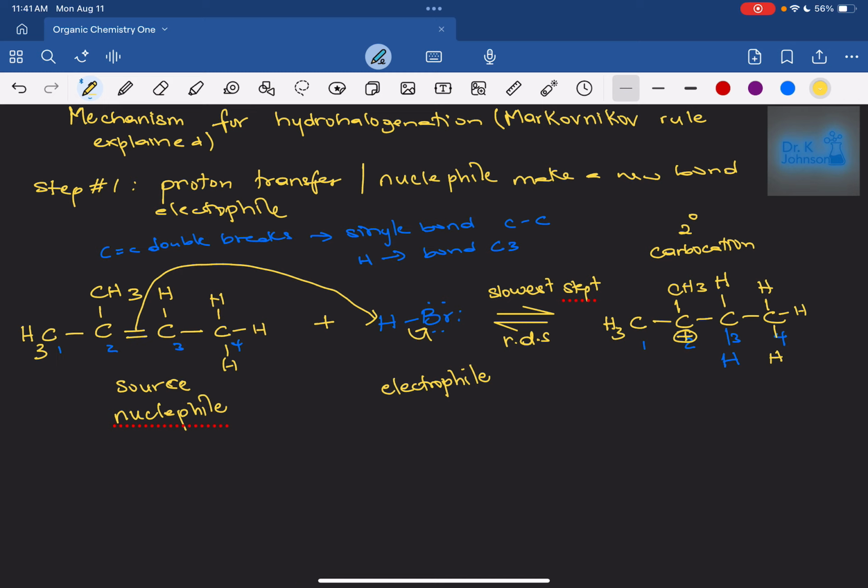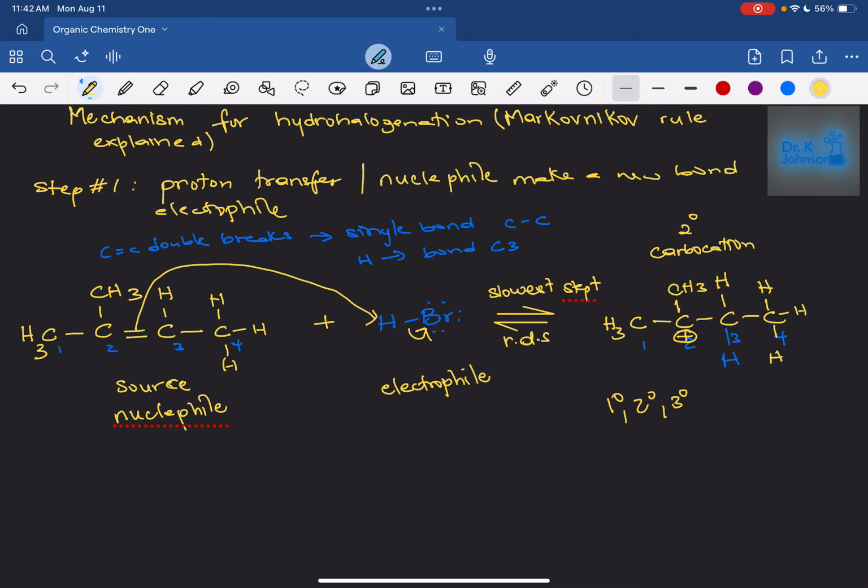It is called a secondary carbocation because of how you identify your carbocations. You can classify them, and if you go to my video on carbocation stability, it will explain, right? But you have different classifications of carbocation. They can either be primary, secondary, or tertiary.